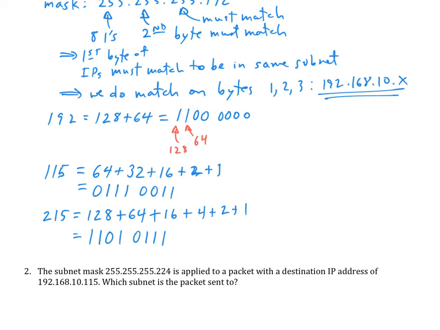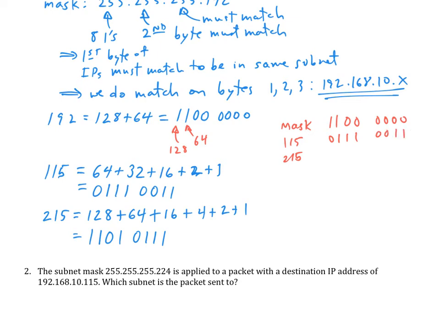Now we're going to line these up. Here's the mask: 1, 1, 0, 0, 0, 0, 0, 0. Here's the 115: 0, 1, 1, 1, 0, 0, 1, 1.